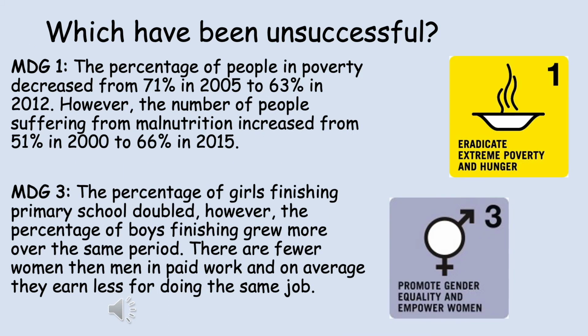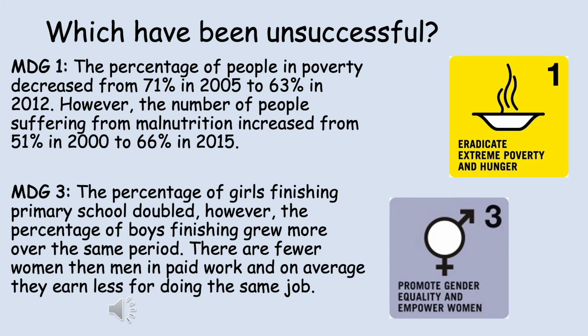As mentioned on the previous slide, some of the goals have been relatively successful. However, on this slide I have highlighted 2 goals which have been less successful. The first one is Millennium Development Goal 1, eradicate extreme poverty and hunger. Now, the percentage of people in poverty did decrease between 2005 and 2012.